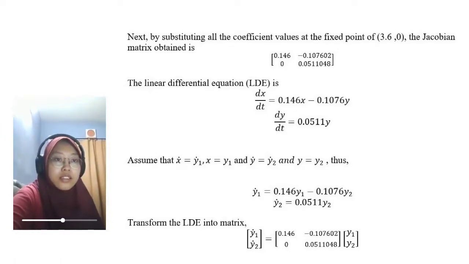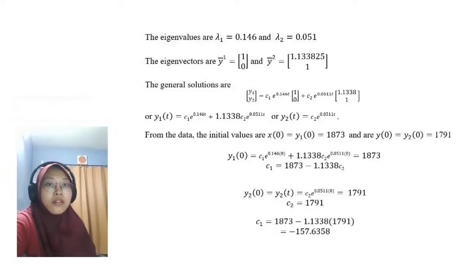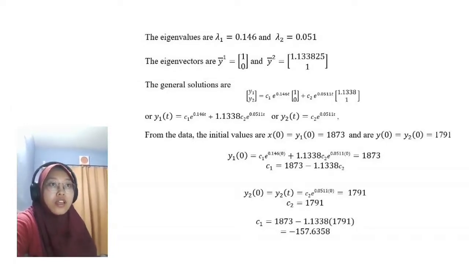Based on certain assumptions, which are x dot equals y1 dot, x equals y1, y dot equals y2 dot, and y equals y2, we can transform it to form a set of equations, and also transform the ODE to the form of a matrix. Then we calculate the values of the eigenvalues, which are lambda 1 equals 0.146 and lambda 2 equals 0.051. And then we also calculate the eigenvectors to get the general solutions.